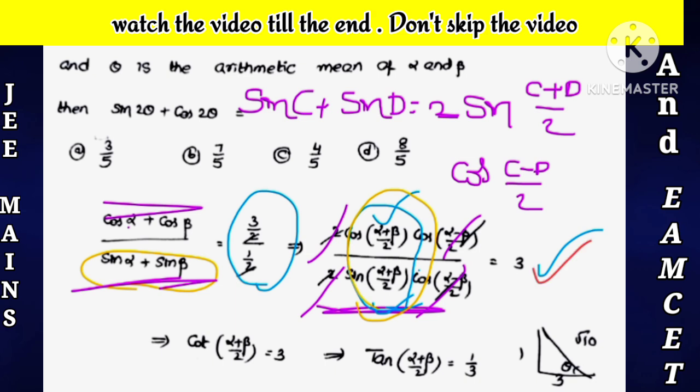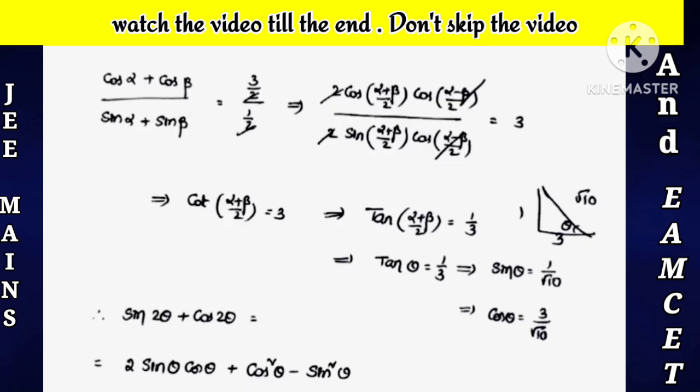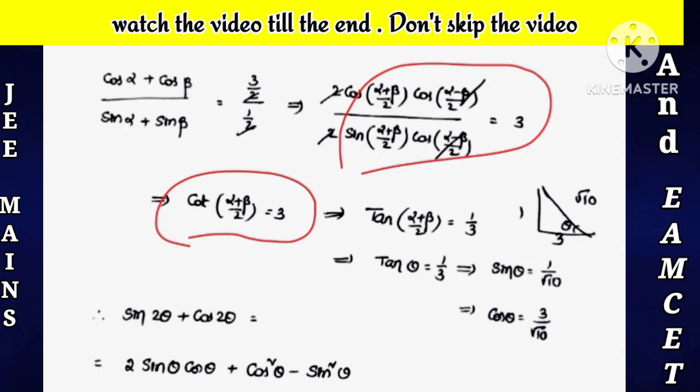That is equal to, here the remaining value is only 3. So cos (alpha plus beta) by 2 by sin (alpha plus beta) by 2 is equal to 3 only. So cot (alpha plus beta) by 2 is equal to 3. Take the reciprocal: tan (alpha plus beta) by 2 is equal to 1 by 3.